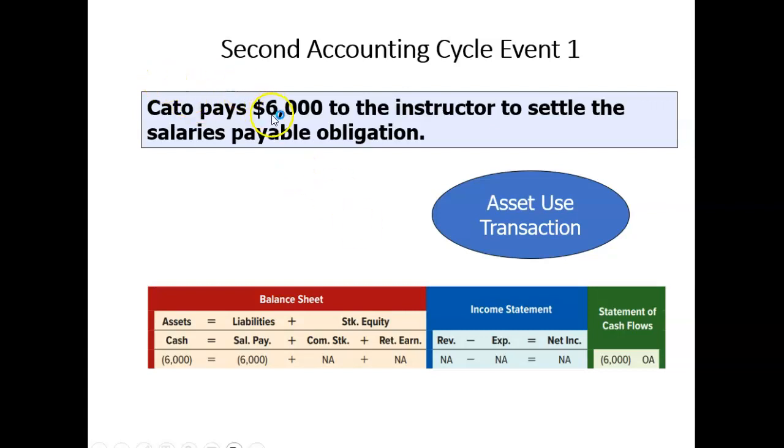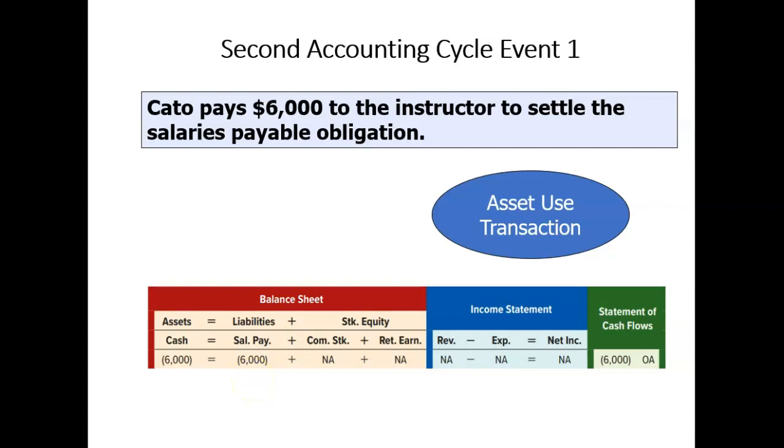Cato pays $6,000 to the instructor to settle the salaries payable obligation. Now, this is going back to year one. If you recall, we owed the employee $6,000 at the end of year one. We're now making that payment. So we're going to decrease our cash account and decrease salaries payable.